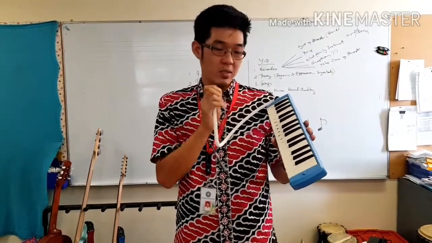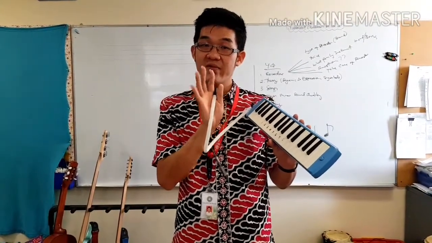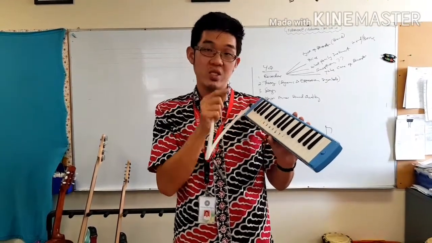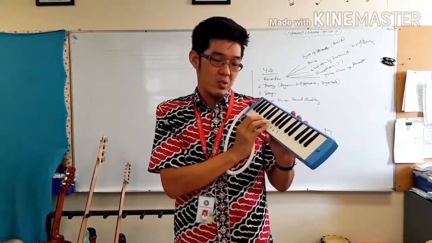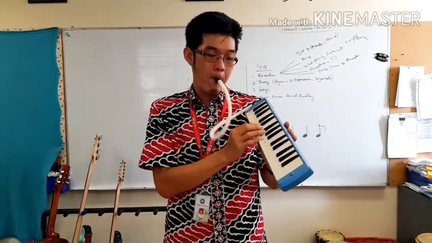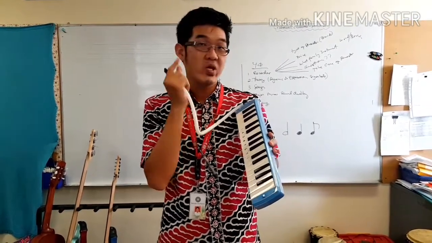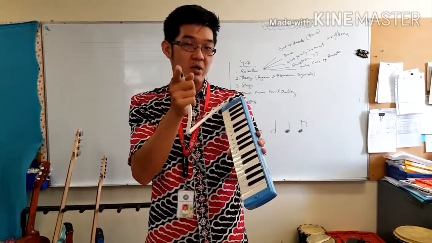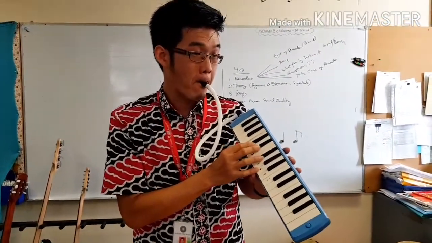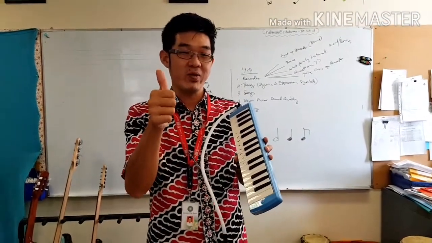I'm going to play only 5 notes: do, re, mi, fa, sol, C, D, E, F, G. When I play one note, that means I call, you hear it, and then you respond back. You have to play the same note, and when you do that, it means you were correct.